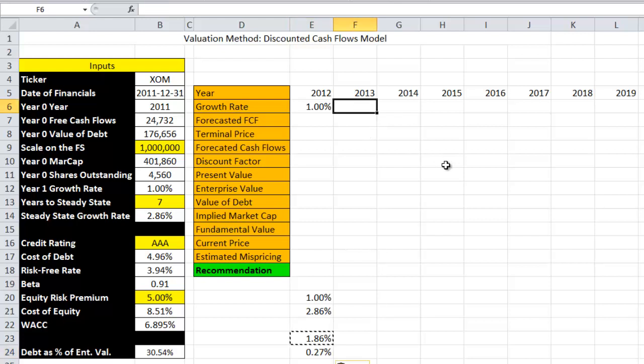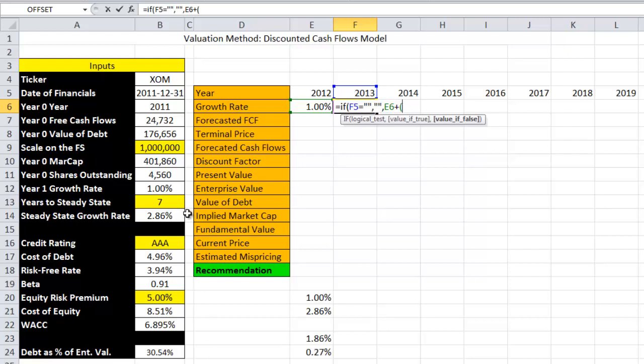So here's how we're going to do it. We're going to say, first off, if the year equals nothing, then we don't want a growth rate. That means we're outside of the analysis period. However, if there is a growth rate, then we just want to take the previous growth rate and add 27 basis points. But how did we get the 27 basis points?